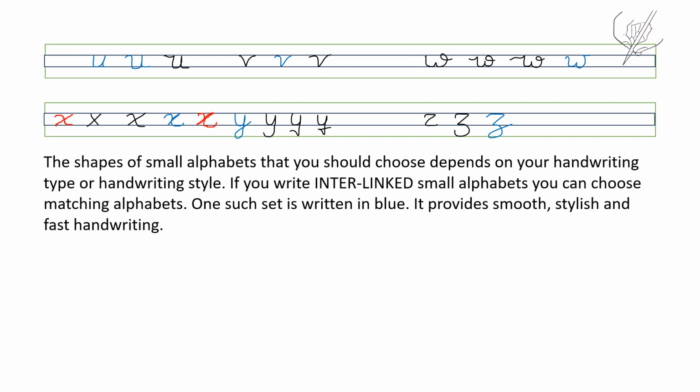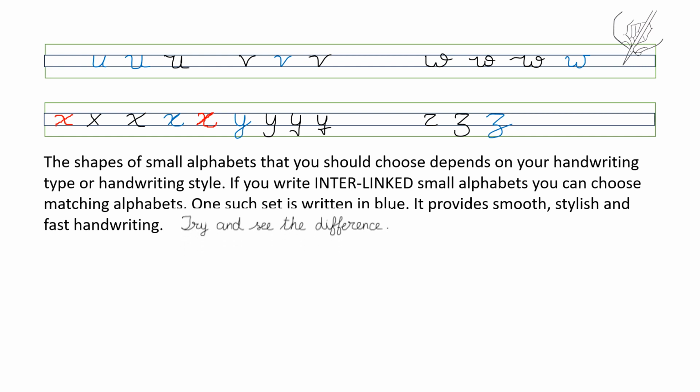The shapes of small alphabets that you should choose depends on your handwriting type and your handwriting style. If you write interlinked small alphabets, you can choose matching alphabets. One such set is written in blue. It provides smooth, stylish, and fast handwriting.